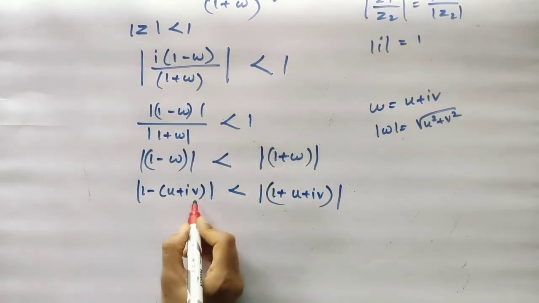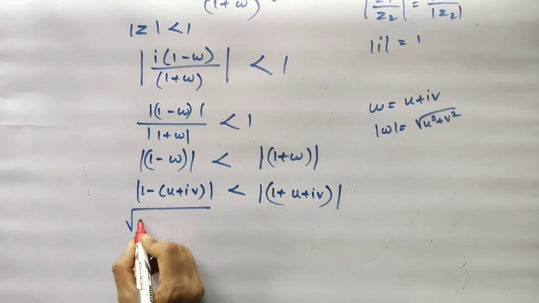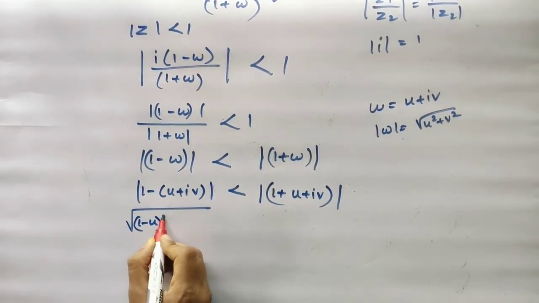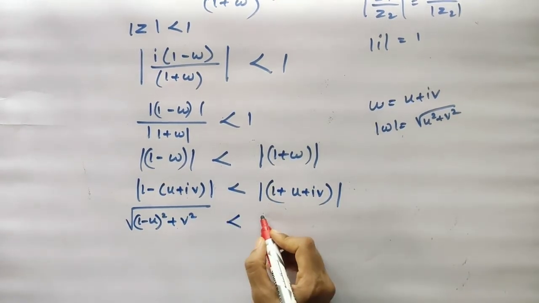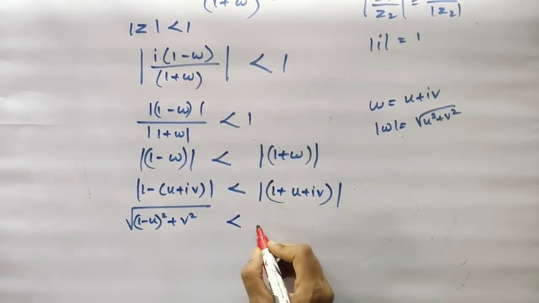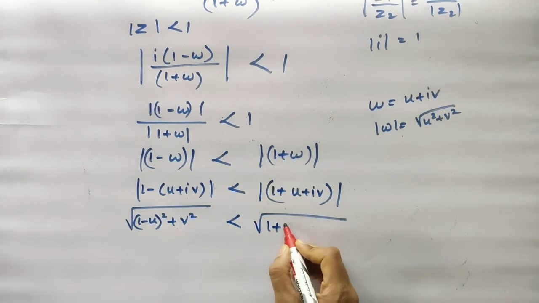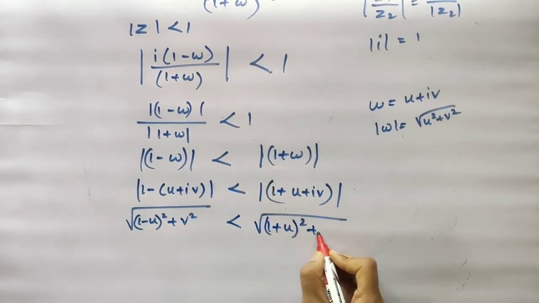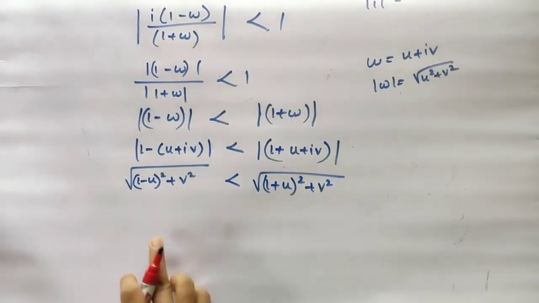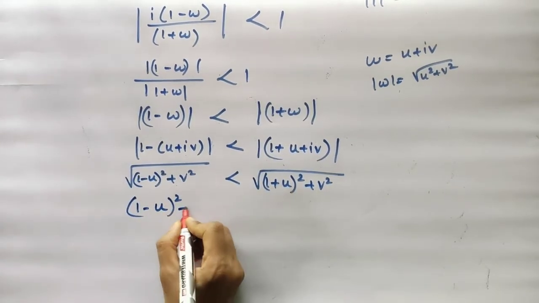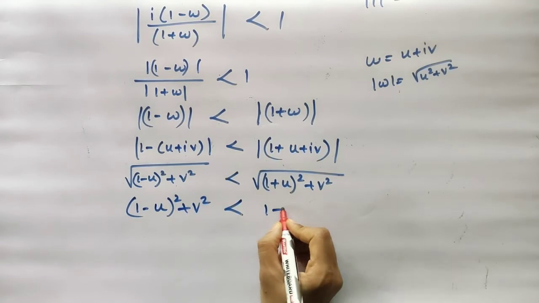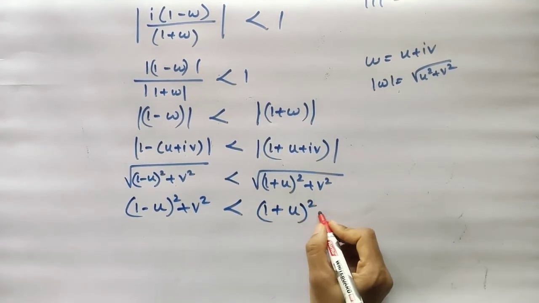So the modulus is root of (1 minus u) whole square plus v square, divided by mod of the other, which is root of (1 plus u) whole square plus v square. Since the two roots are equal, I can write (1 minus u) whole square plus v square is less than (1 plus u) whole square plus v square.